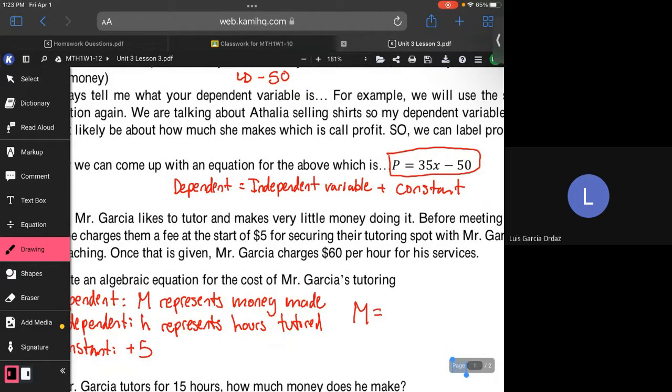What would my equation look like? Kareem. So first of all, we got M equals 60H. Perfect. And then what's your constant? 5. Yeah, plus 5. There we go. Exactly. Plus 5. Perfect. So that would be your equation right here.